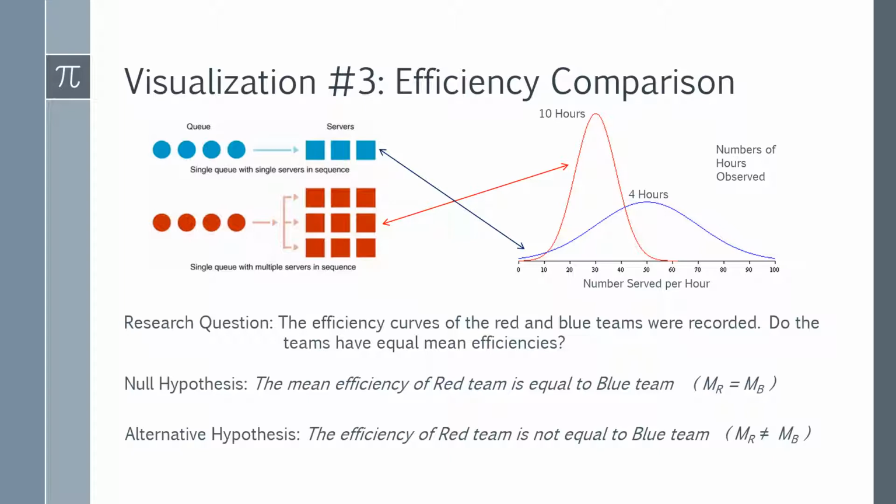Our null hypothesis states the mean efficiency of red team is equal to blue team. So alternatively, the alternative hypothesis states the efficiency of the red team is not equal to the blue team. And as you can see, we have two bell curves represented here. Again, one for the red team and one for the blue team.